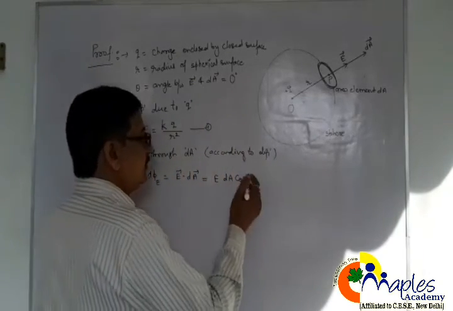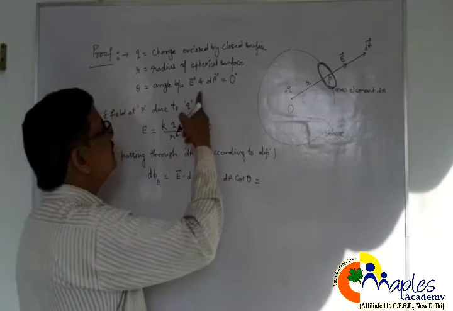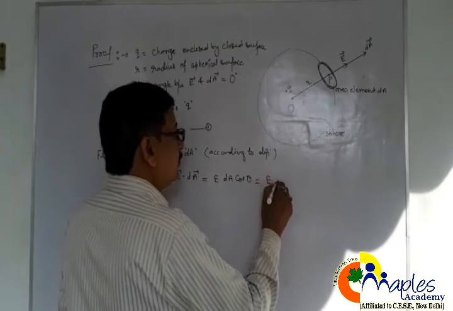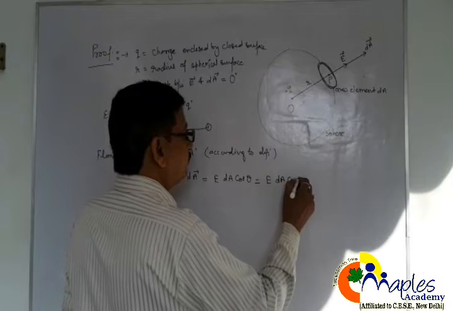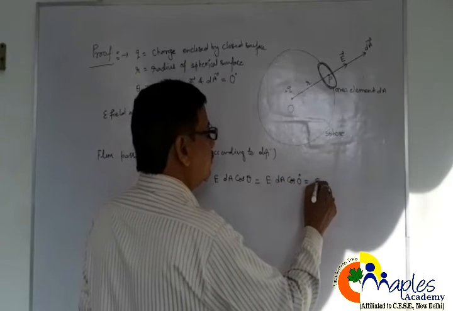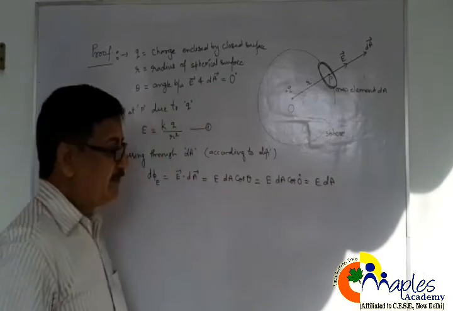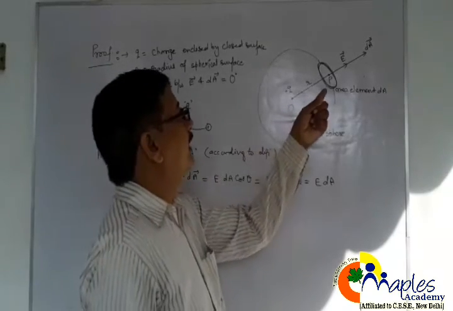The value of theta is 0, and cos 0 is 1. So it is E dA. It is the flux through the area element.